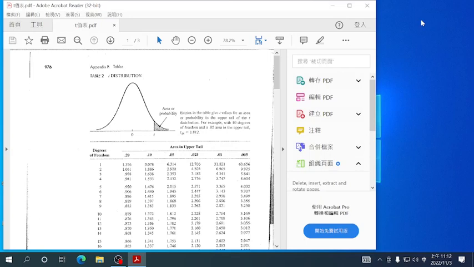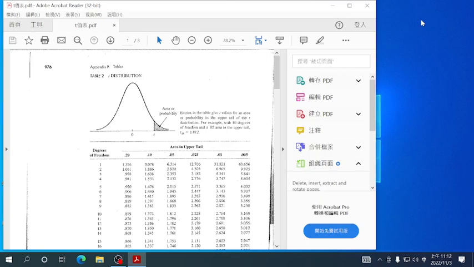Since this is symmetric, with 20 degrees of freedom, what value did you see from one-sided 10% or two-sided 20%? What did you see from 20 degrees of freedom?